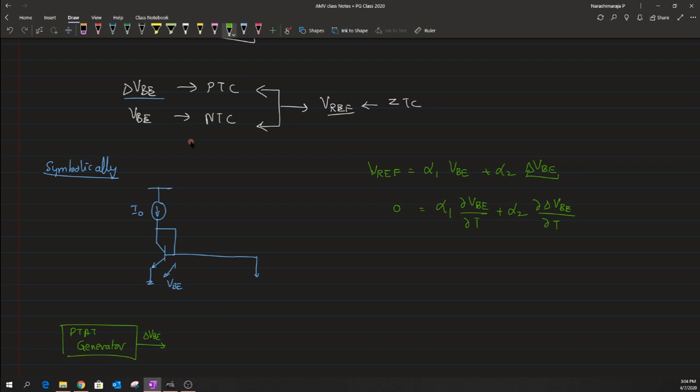Okay, so this is the quantity that we have already got. Now we know that this particular quantity is approximately equal to minus 1.5 millivolt per Kelvin, and we also evaluated this quantity at different conditions.